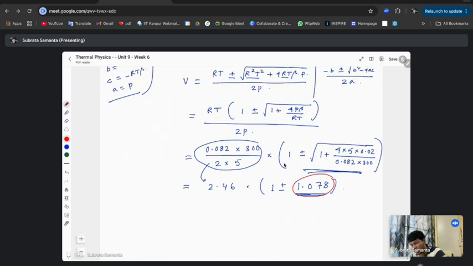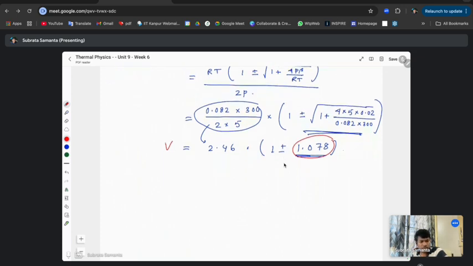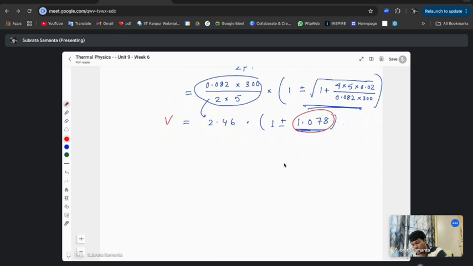You have to calculate the volume V, and volume cannot be negative, right? So you have to choose the plus sign, not the minus. So the value of V is 2.46 times (1 plus 1.078).